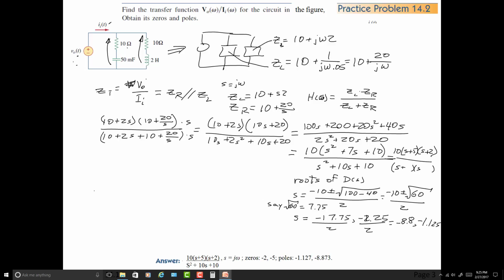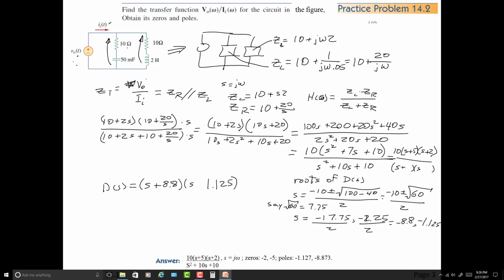And the denominator of s can be written as, what have we got? If the root is going to be minus, it's going to be s plus 8.8 times, let's be careful here, s and 1.125.